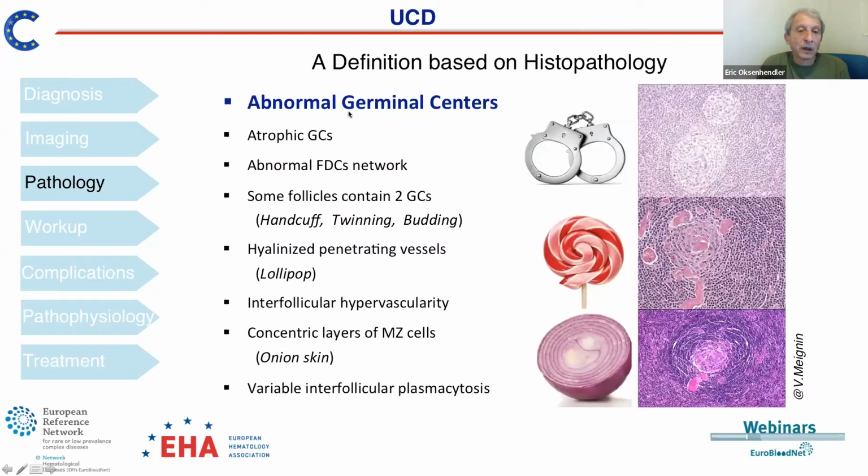So just to summarize, abnormal germinal centers are the most prominent feature, with atrophic GCs, abnormal FDC networks, sometimes follicles containing 2 or 3 or more GCs, and then the vascular lesions with hyalinized penetrating vessels associated with interfollicular hypervascularity, the typical onion skin feature, which is secondary to large concentric layers of mantle zone cells.